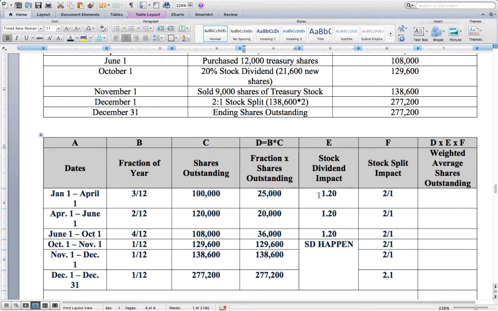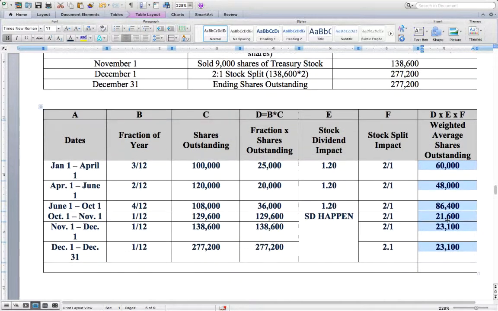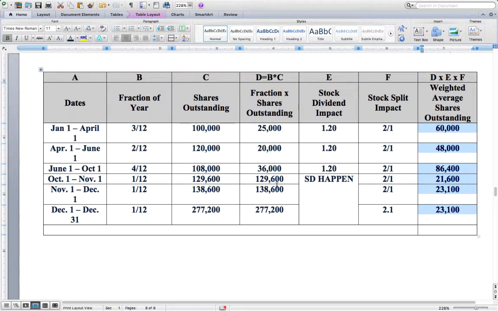So 25,000 times 1.2 is 30,000 shares. And then a 2-for-1 stock split means you will take that 30,000 shares and times it by 2, and that will give you 60,000 shares. So you will do the same thing all the way down.